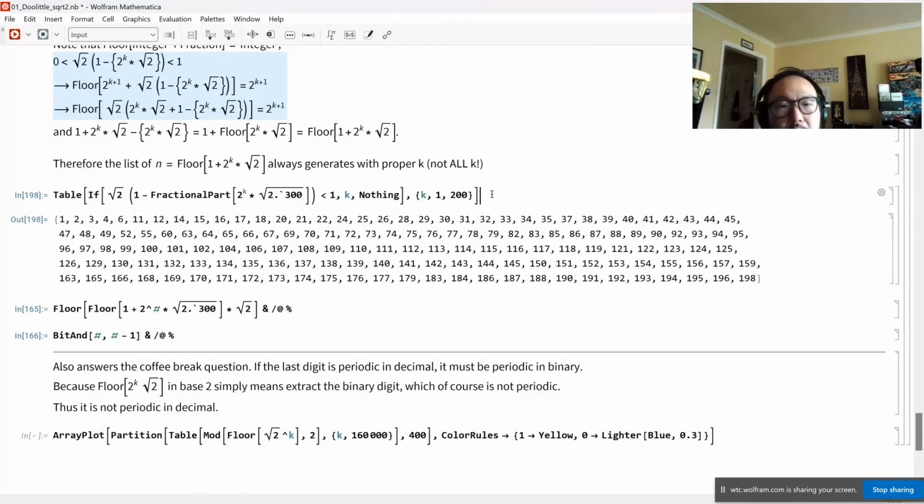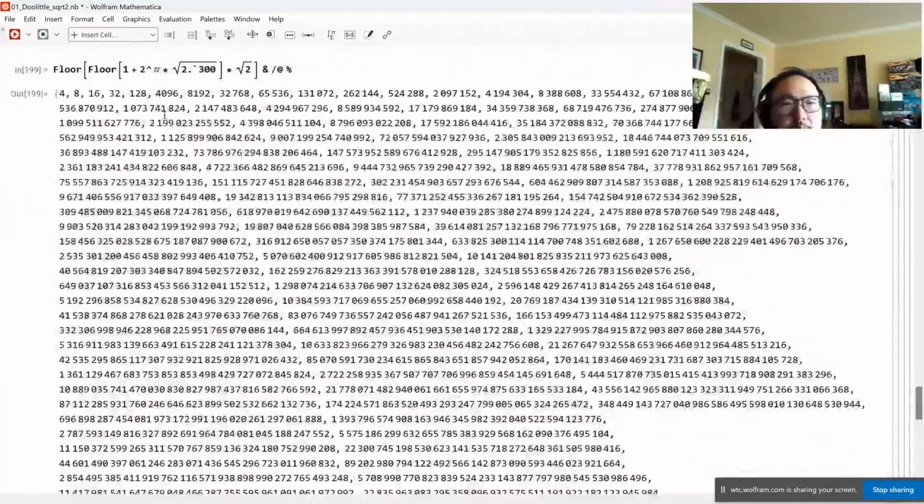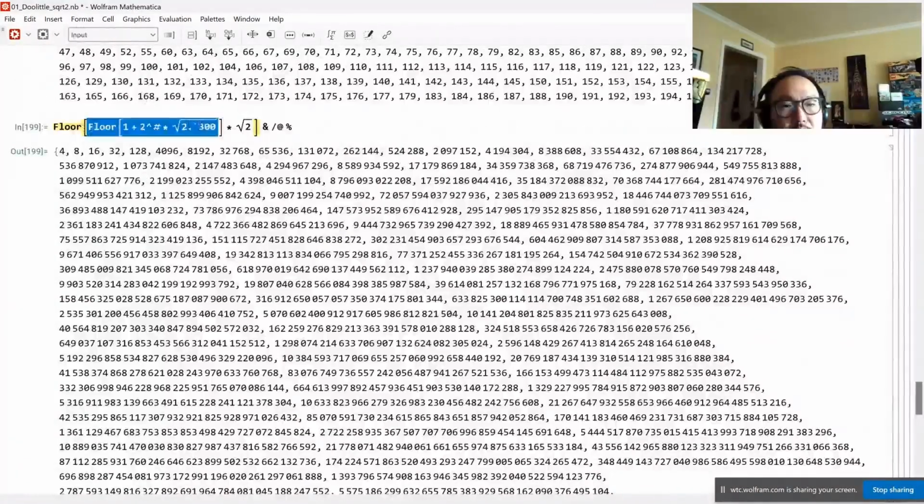We just truncate at 200, and this allows us to generate very large numbers. For example, this is the integer n times square root 2, and take the floor function of that. It will give you 2 to the power of n.